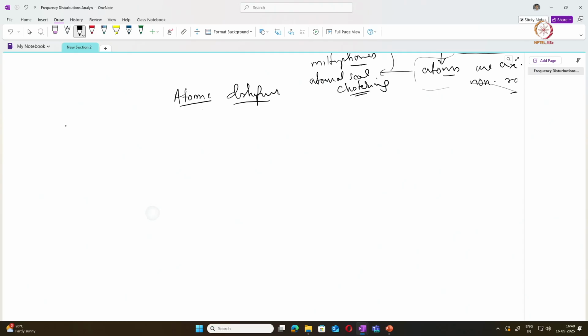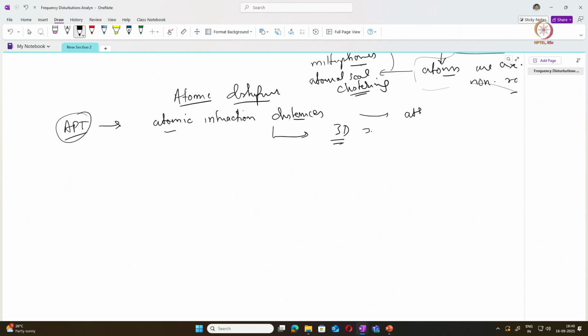In atom probe tomography, or the atom probe reconstruction, this is a very powerful tool where you can get the atomic interaction distances in 3 dimensions. Atomic interaction distances are nothing but the atom to atom distance distribution.